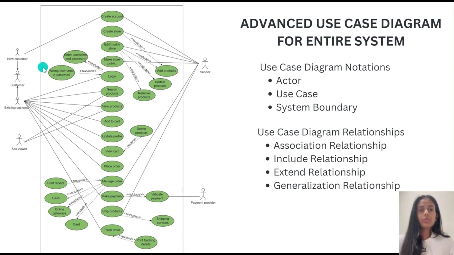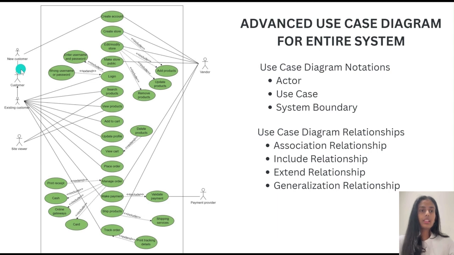When we talk about use case diagram relationships, the association relationship is shown using this line, connecting actors to use cases, include and extend relationships are shown like this, and generalization relationships are shown like this.